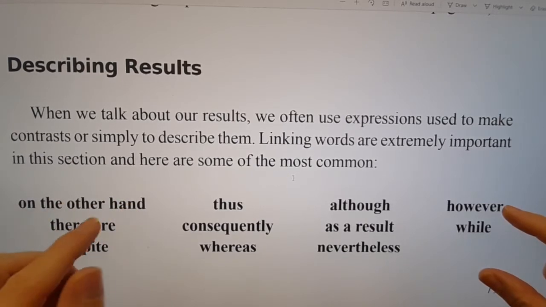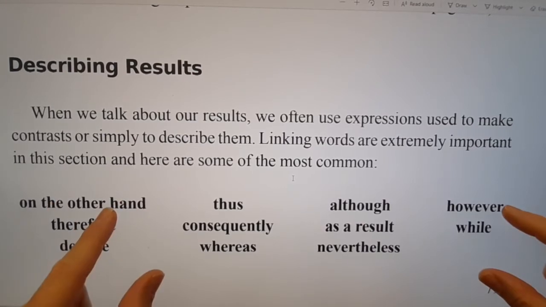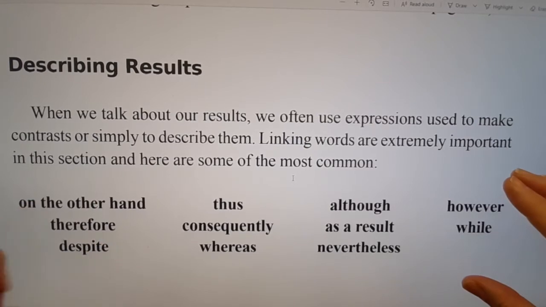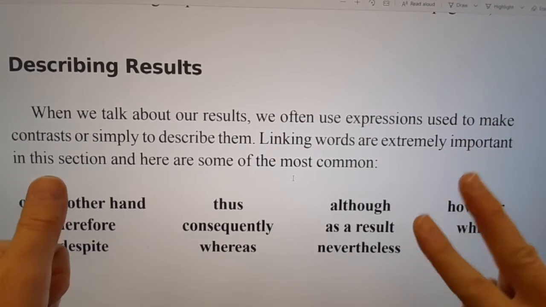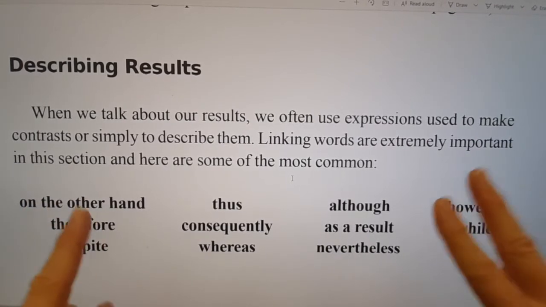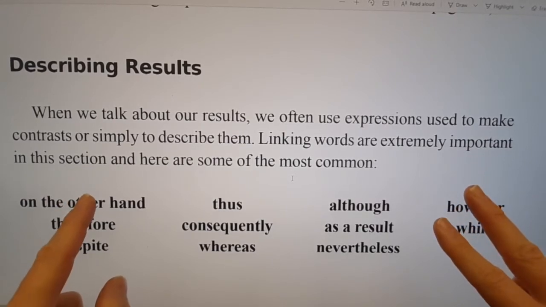Na druhej strane. So when you have two points, point number 1 and point number 2, they are 180-degree opposite, all right?